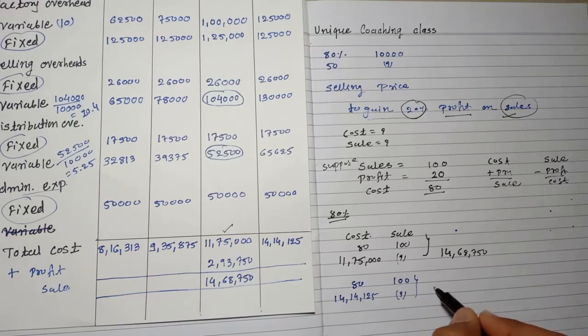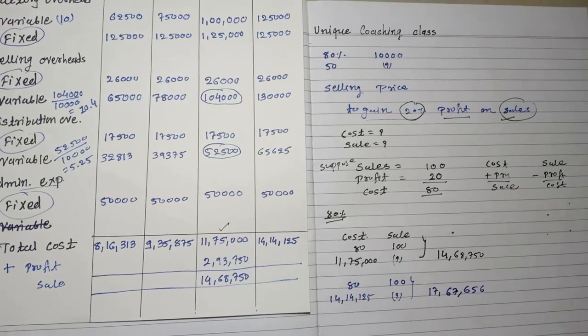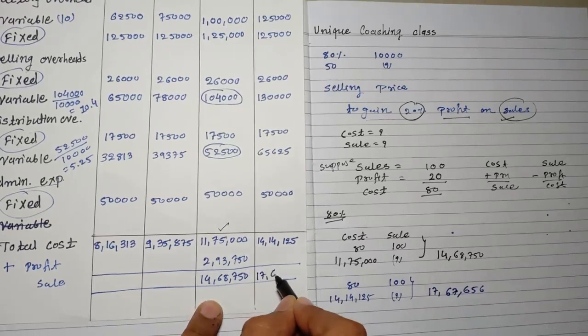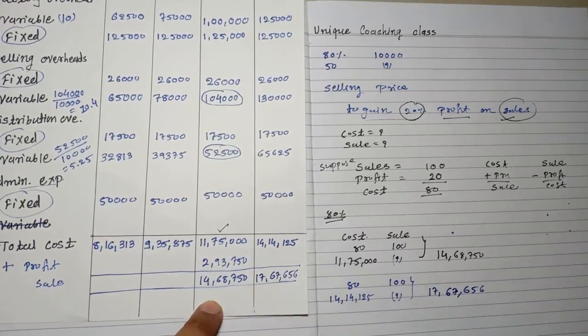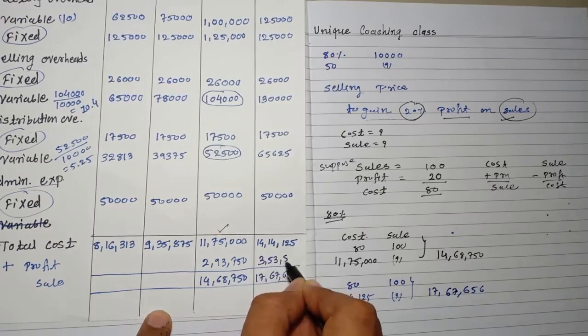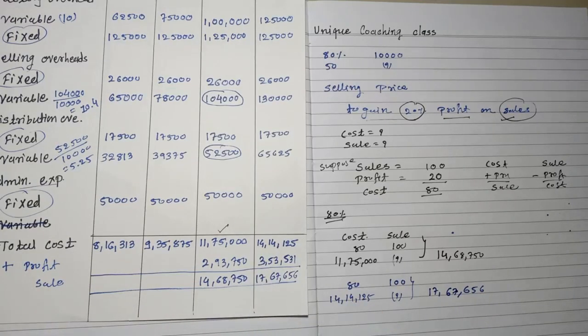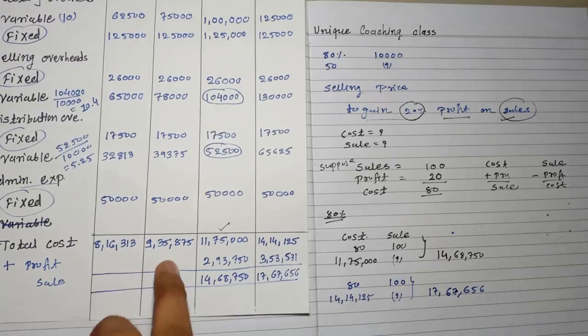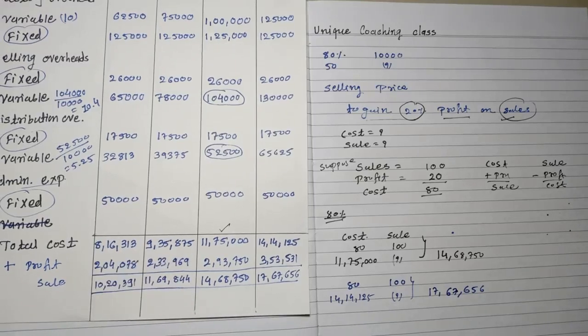After the decimal point we write down rounded off, 17,67,656, and the difference is 3,53,531. Okay, same we can calculate for both amounts. I have found out both amounts.